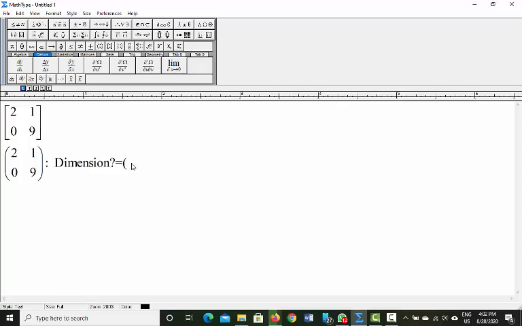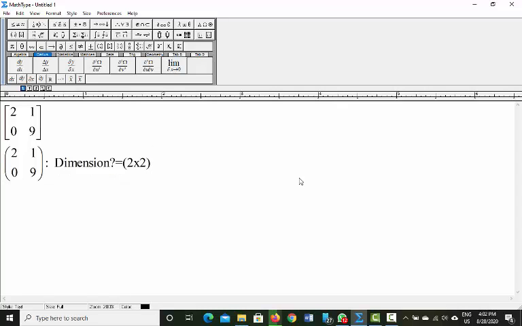As you can see, here we have two rows, and we have two columns. So this is a 2 by 2 matrix. Although we will write it with a multiplication sign here, we will pronounce it as 2 by 2 matrix.